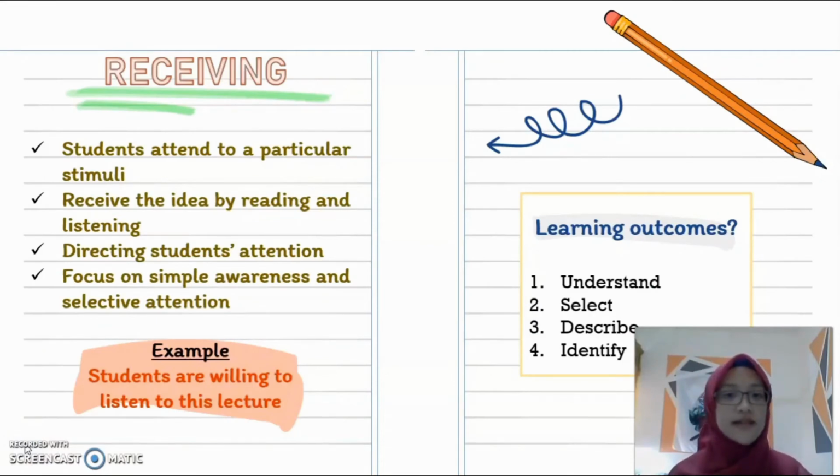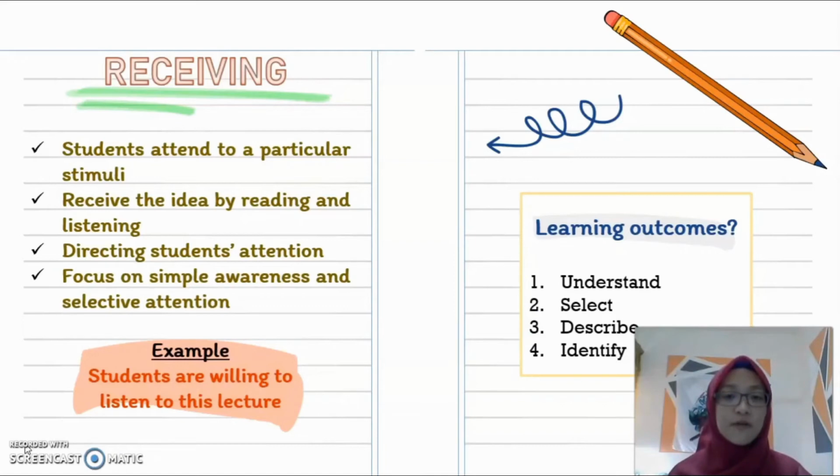On this level, students attend to a particular stimuli. The stimuli is supposed to be the learning session. This level happens when students are willing to receive or gain the ideas by focusing, listening, and reading to the lecture. These actions show the students are being sensitive or aware to certain topics or ideas that are being shared during the lecture.